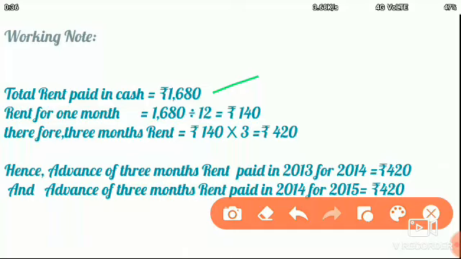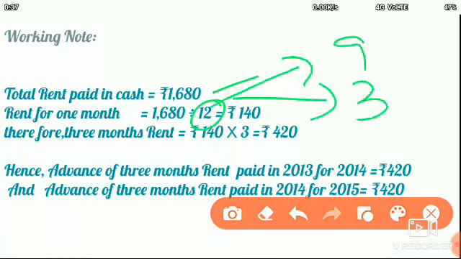The rent for 1 month will be 1680 divided by 12, as I said that it is for 12 months, because 9 months rent is for the current year and 3 months rent is for the next year, which is an advance paid in the current year. So the cash is for 12 months, we divide it by 12, and we get 1 month's rent, which is 140. Then the 3 months rent will be 140 into 3, which gives us 420.